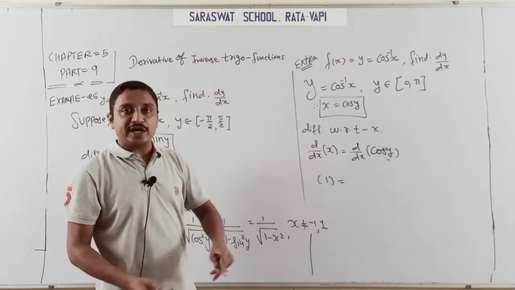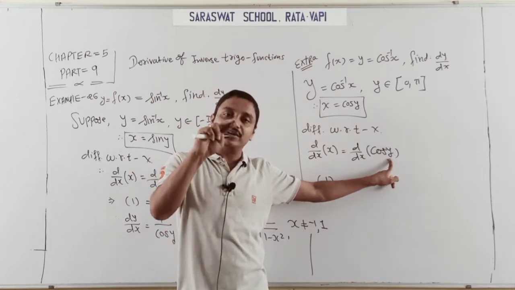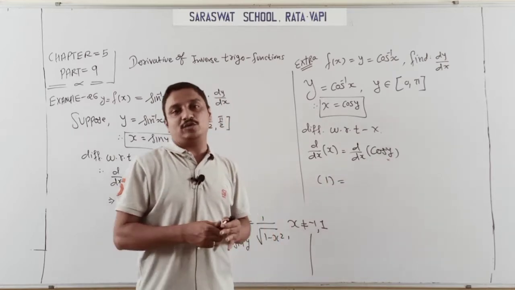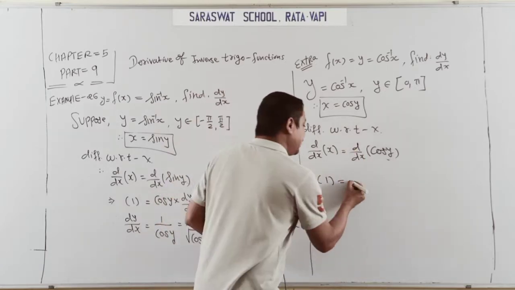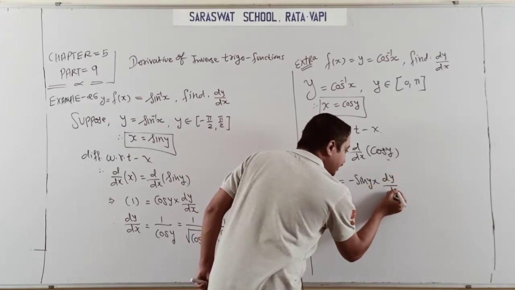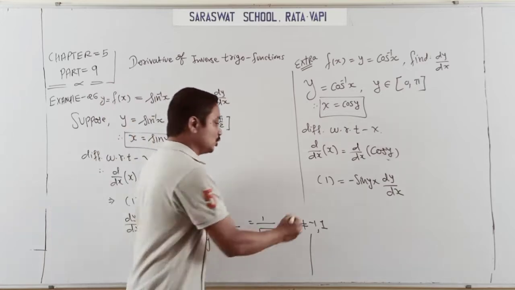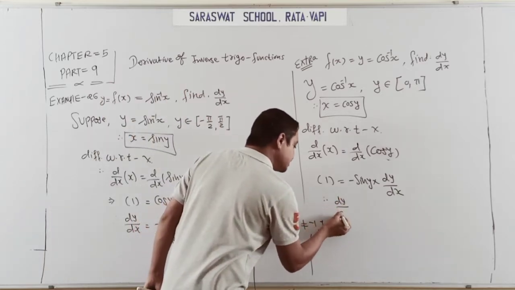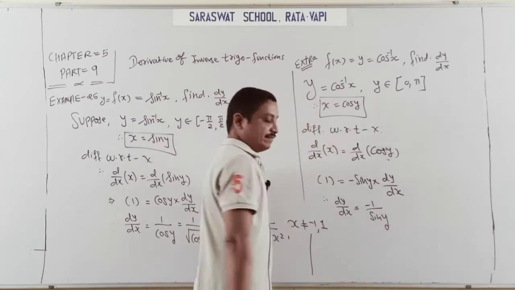Now students, one more time I am asking you the cos y derivative. First cos derivative, after that y derivative with respect to x. Yes, I know that. You also know the cos y derivative is minus sin y and y derivative pending. Yes, it is chain rule wise dy by dx. So what do you get in dy by dx? Minus 1 by sin y.